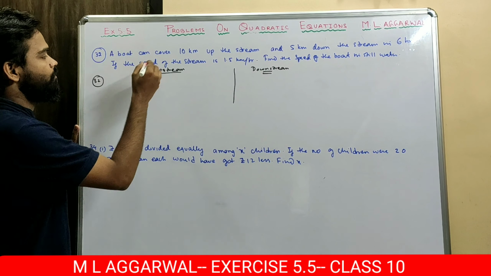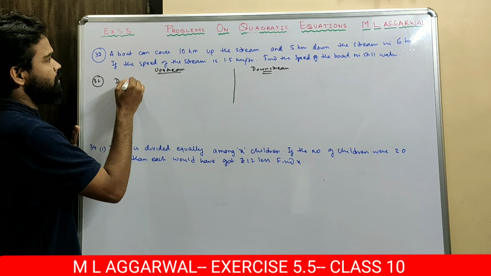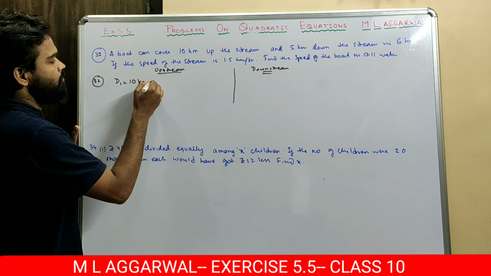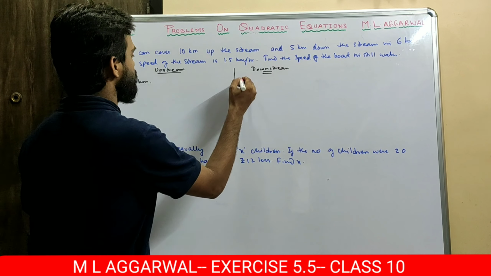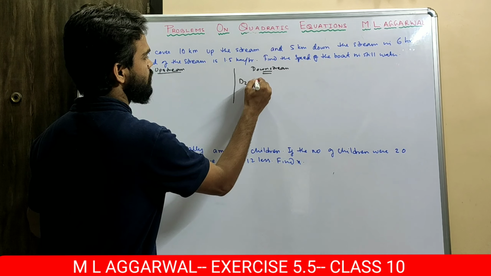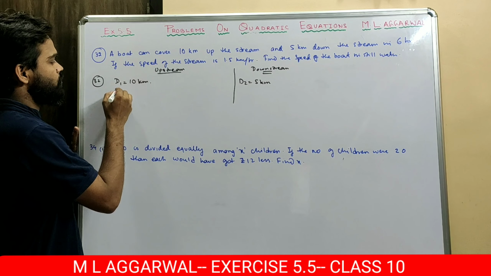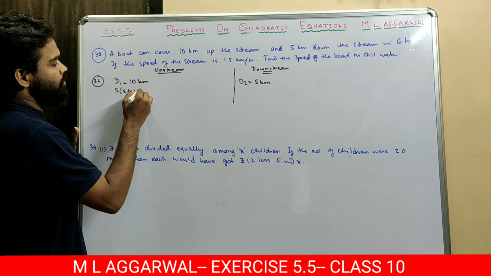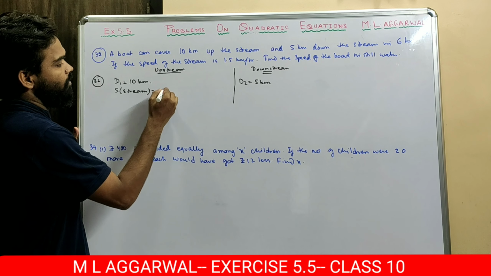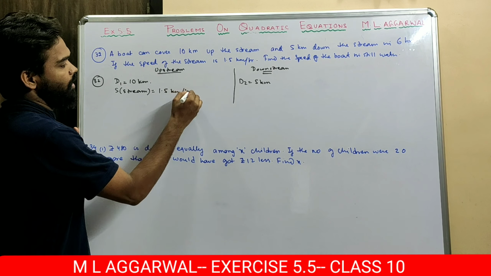Now upstream, the distance is 10 km. Downstream the distance is 5 kilometer, and they have told the speed of the stream. So speed of stream is 1.5 kilometer per hour.